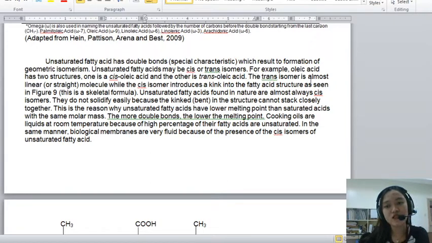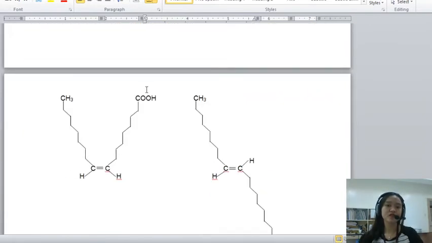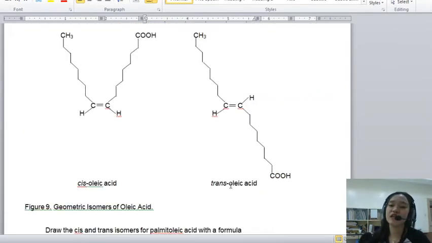So, the trans isomer is almost linear or straight molecule, while the cis isomer introduces a kink into the fatty acid structure as seen in figure number 9. So, kung tingnan ninyo siya, you have the trans. Okay? So, it's almost straight line, diba? Pababa. While yung cis oleic acid natin produces a kink. Okay?